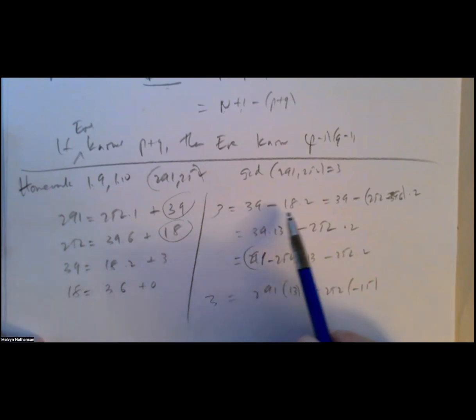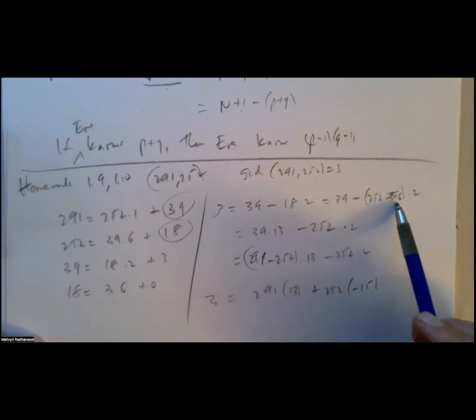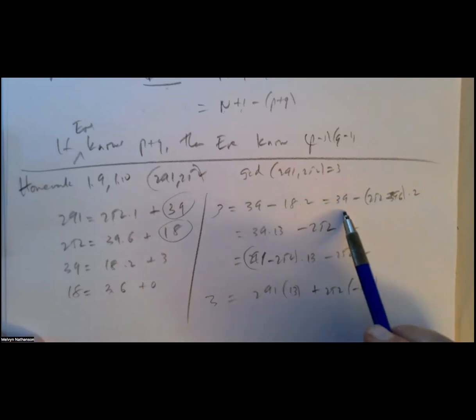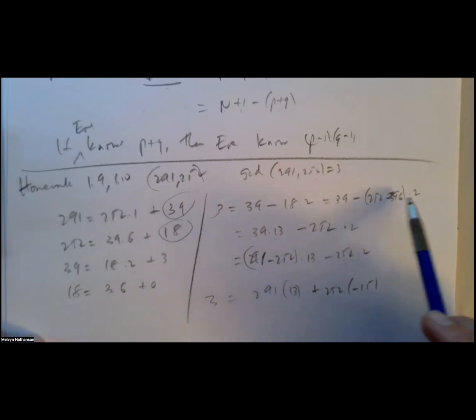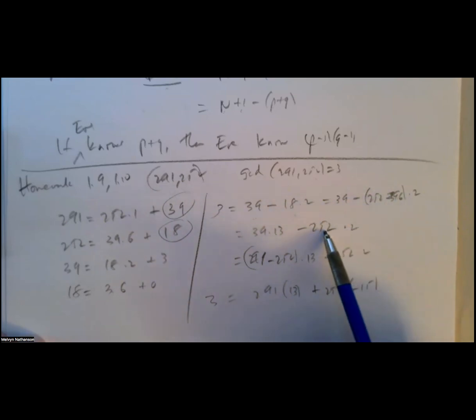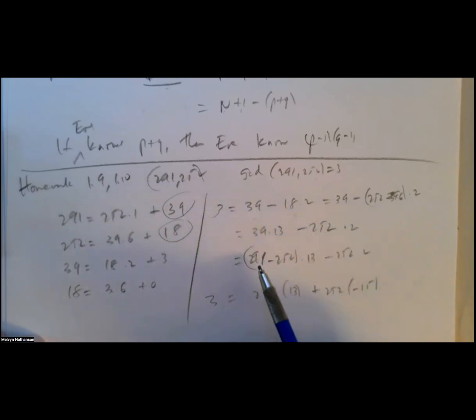So 3 is 39 minus 18 times 2. 18 is 252 minus 39 times 6. So this is 39 times 13 minus 252 times 2. 39 is 291 minus 252.